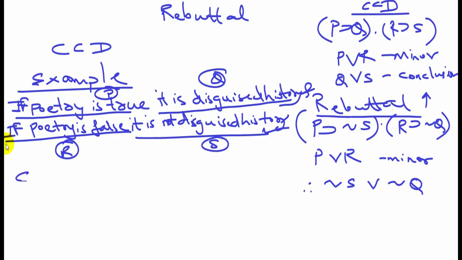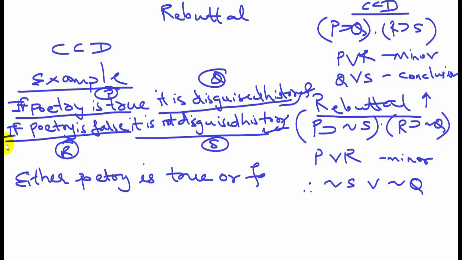So we start with either poetry is true or false. Okay, either poetry is true or false. Then this will be like your P or R, which is your minor premise.